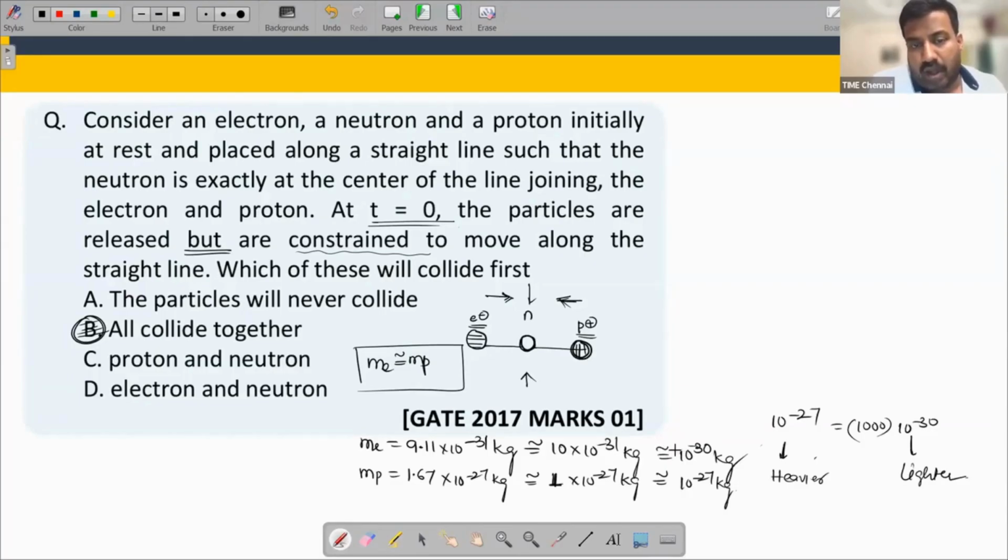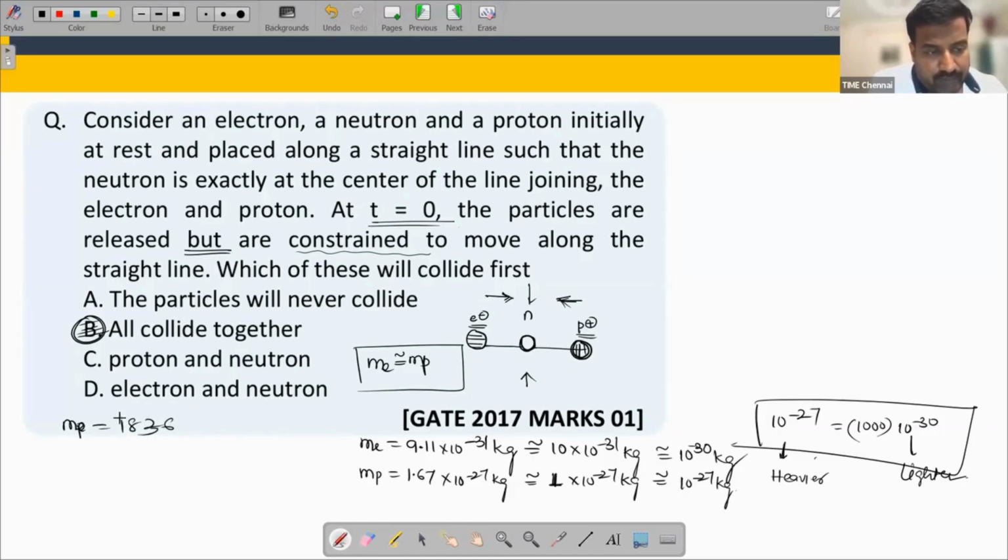Mass of electron is very, very small, approximately 1000 times smaller. And precisely, mass of proton is 1,836 times the mass of electron.